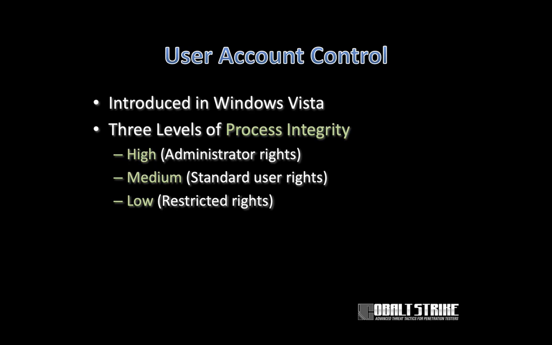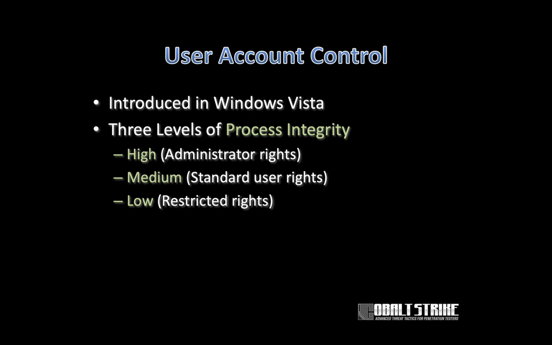One of the technologies in Windows that is part of its access control model is User Account Control. User Account Control is a collection of technologies introduced in Windows Vista to wean Windows XP users off of doing everything with an administrator account.